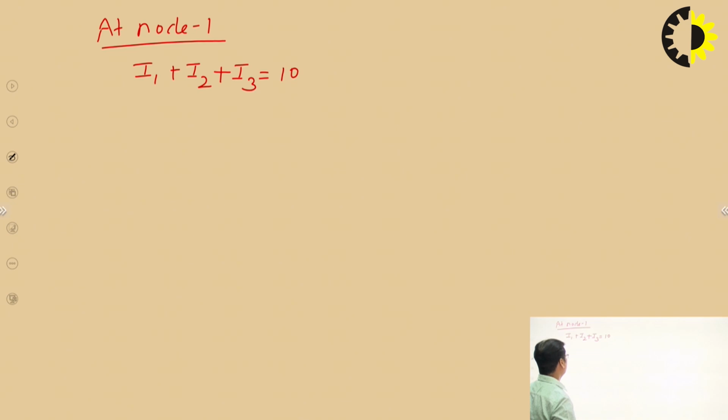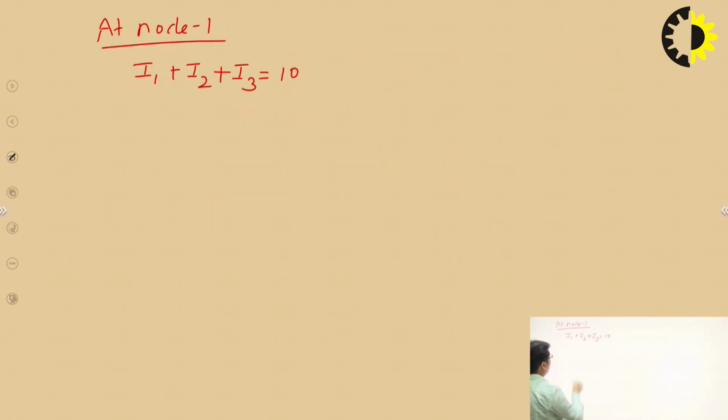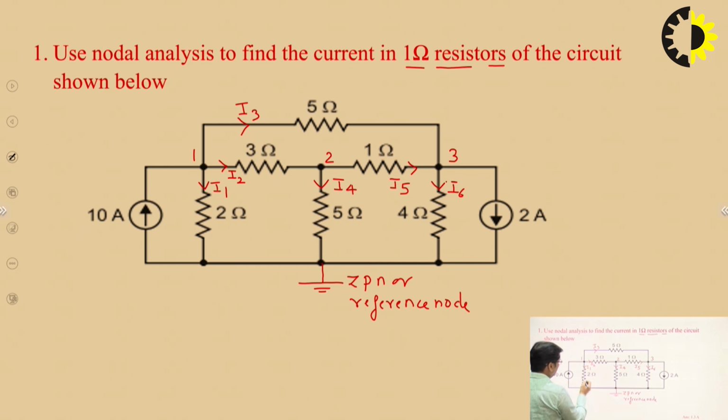Next we need to replace each current by the respective voltage. This I1 is the current flowing in this branch. We assume that V1, V2, V3 are the voltages of node 1, node 2 and node 3.